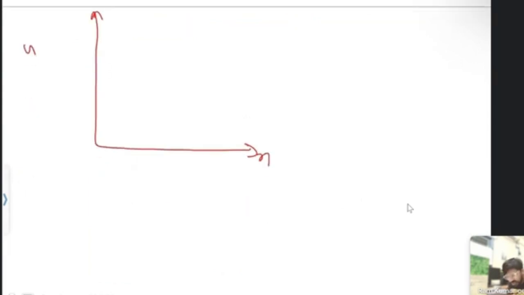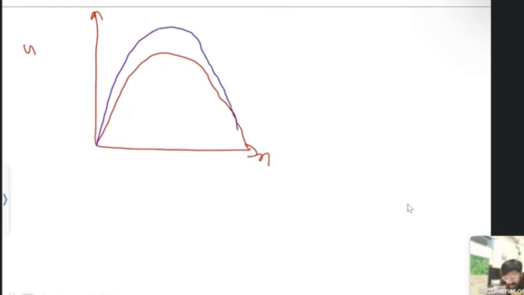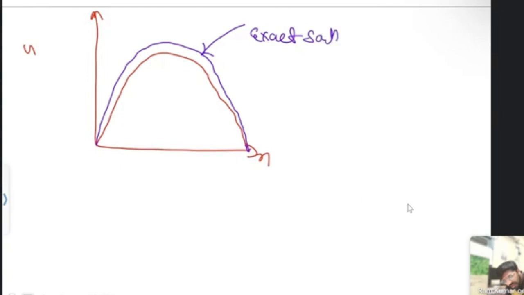So if you plot now, you will get it like this. So this will be our exact solution, and this will be our approximate solution.